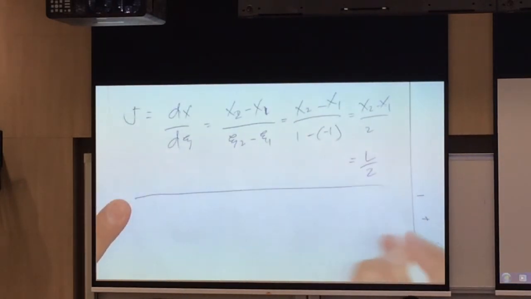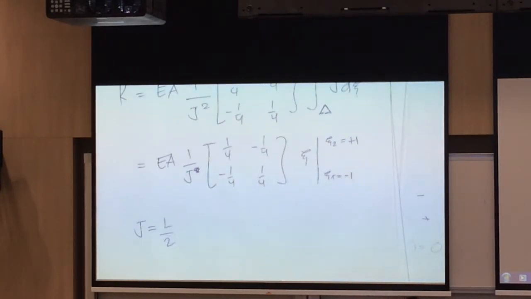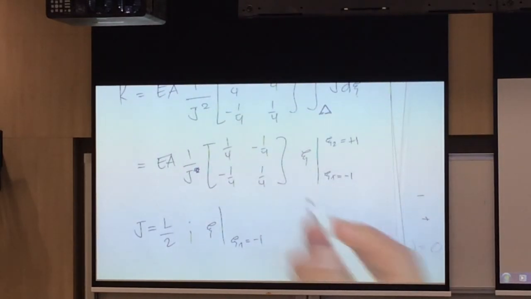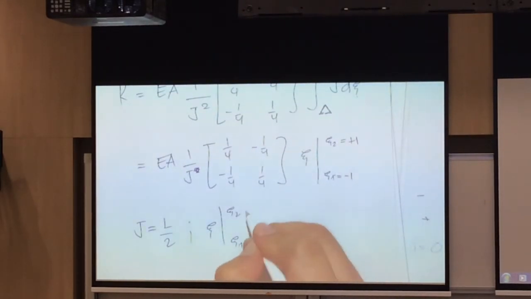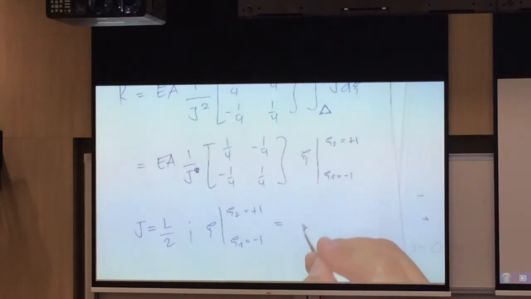Ah, there you go. So this is the value of our J. J is L over 2. And then your C from C1 to C2 will be 1 minus minus 1, that will be 2.